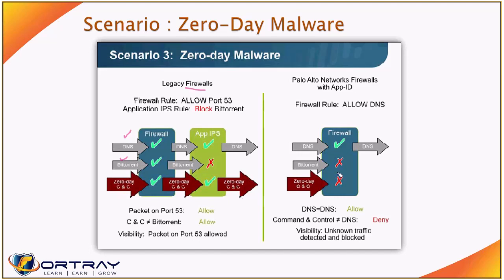However, firewalls nowadays have a sandbox feature which can block illegitimate traffic where there is no signature available. So I just gave you two or three scenarios to understand how we use the app ID. Everybody's clear?